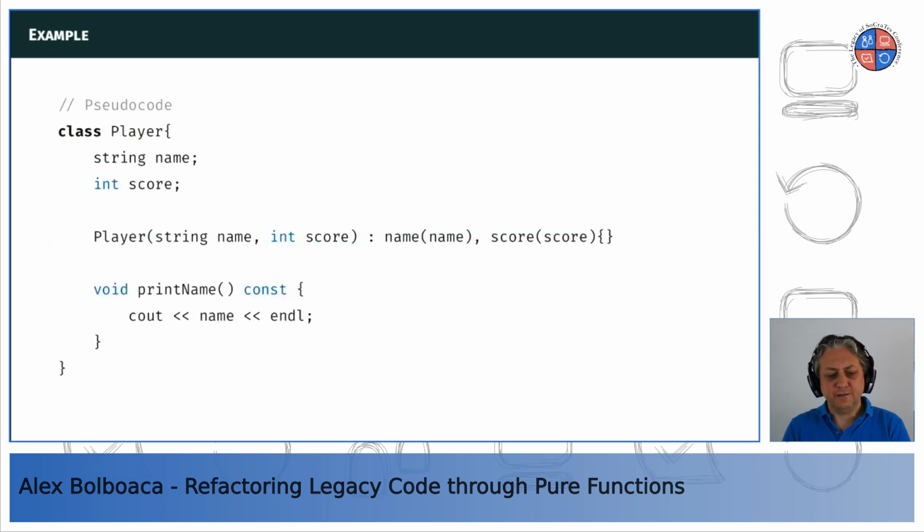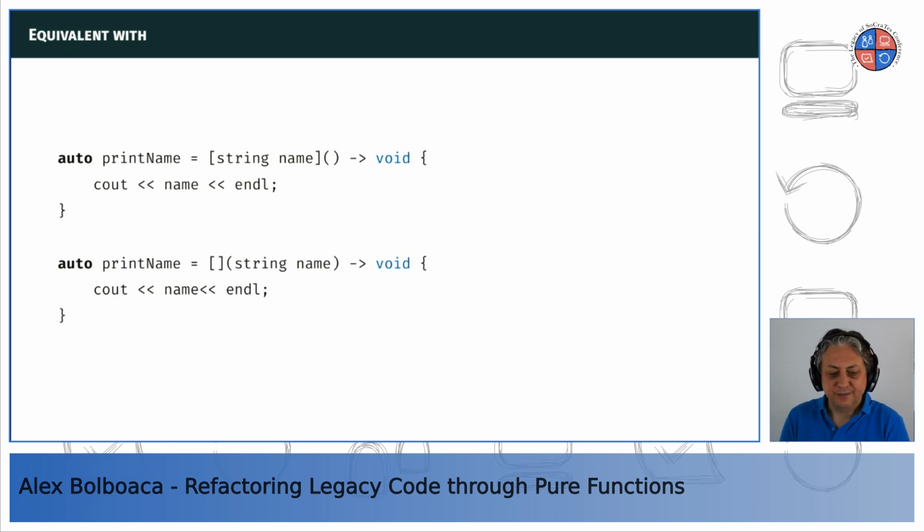Let's say I have a class that has a player that has a name and a score, initializes, a print function, and so on. This is equivalent with a function, print name, that receives a name and just prints it out.